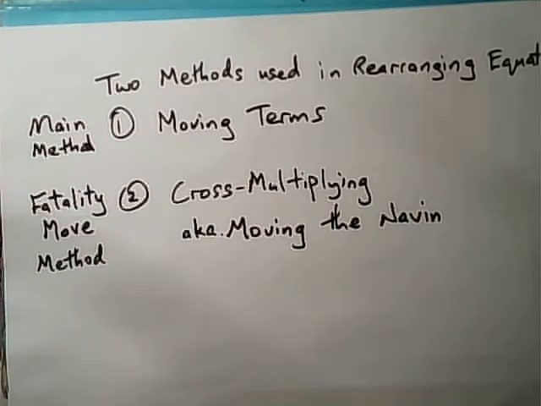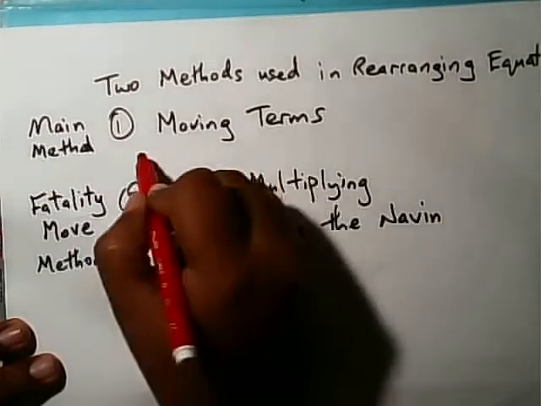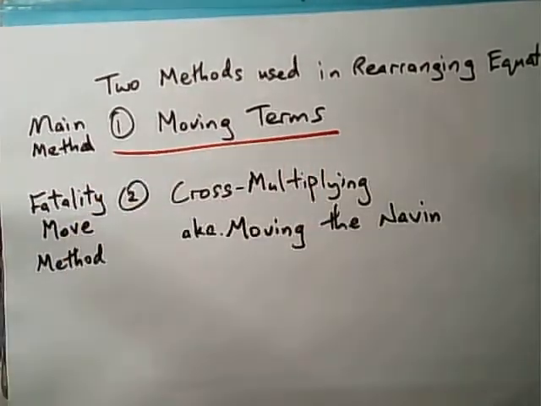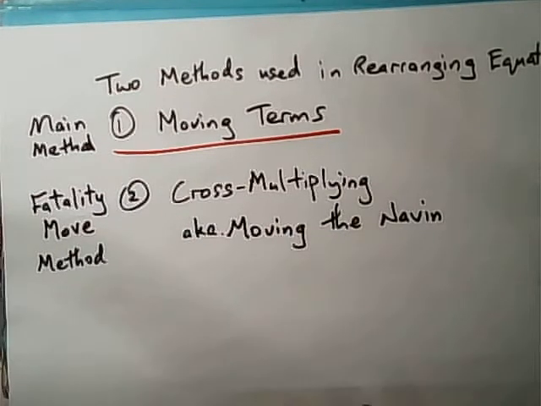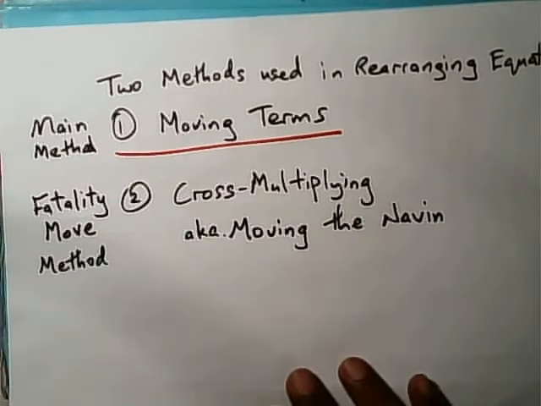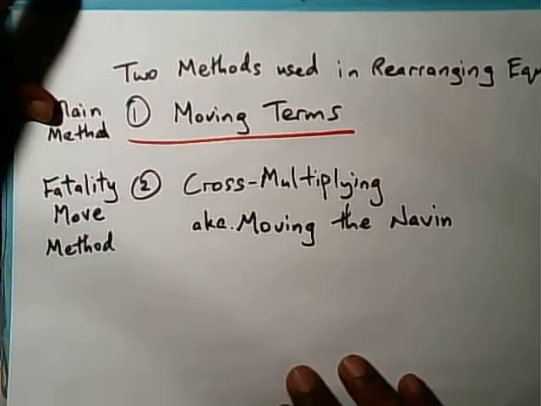I'll tell you a story about Navin and explain it to you later. Right now, we're not bothering with moving the Navin or cross multiplying. We are only going to focus on moving terms for now. So, let's look at a hard one.